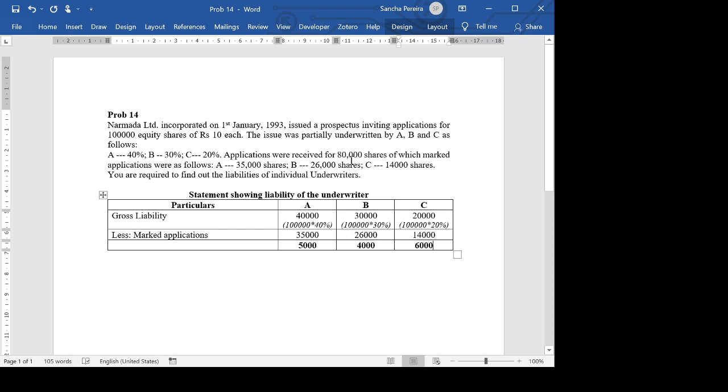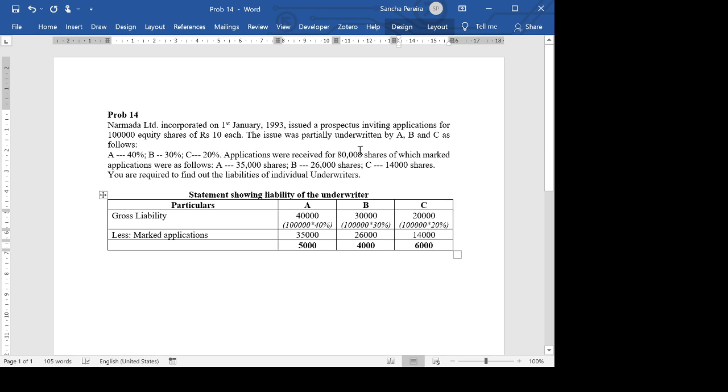I'm just trying to do that calculation to explain what has happened. Now let's look at how this has worked. The company was responsible for 10,000 shares because the remaining 90,000 was underwritten.